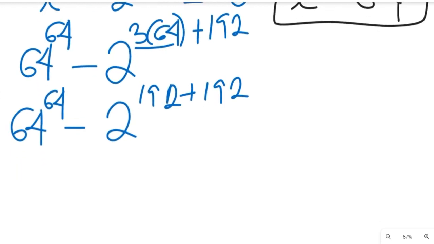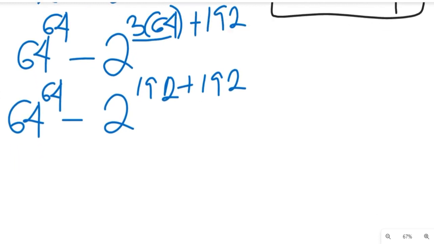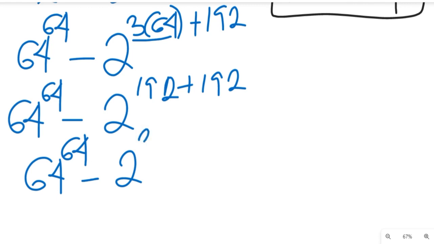So this will now finally give us 64 to the power of 64 minus 2 to the power of 192 plus 192. So if we simplify this, will it give us 0?